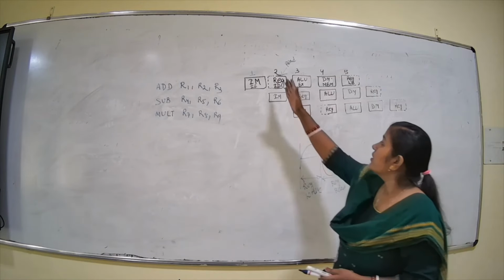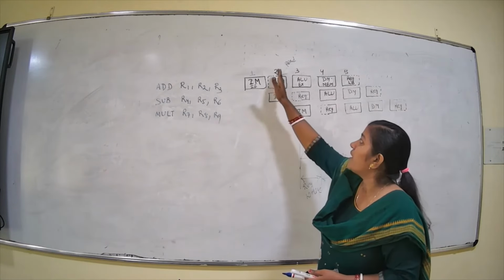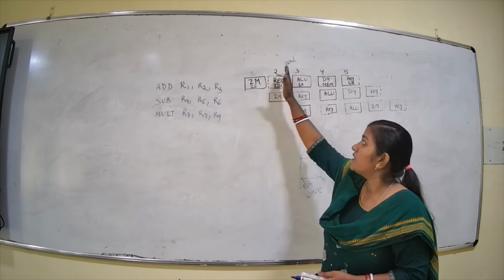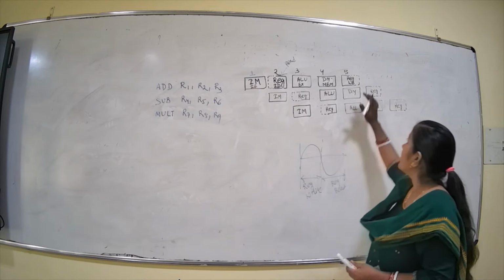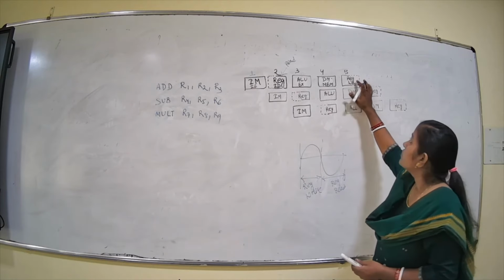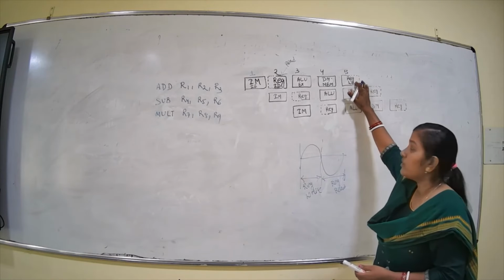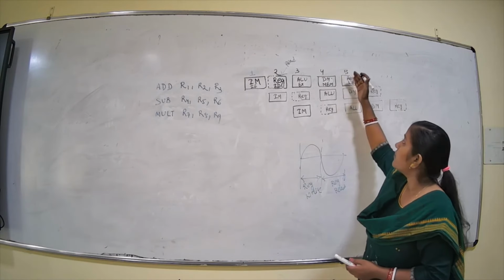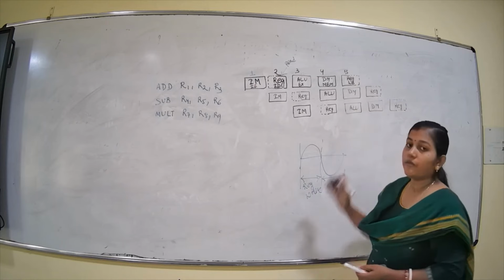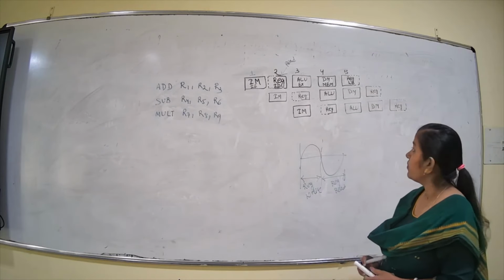So in the second clock cycle, in the first half we do nothing, but in the second half clock cycle we are reading the register. Same for the fifth clock cycle. We are writing to the register in the first half of the fifth clock cycle, and in the second half we do nothing.